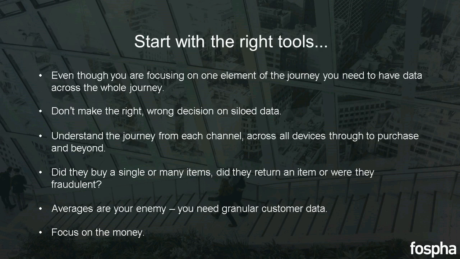Often someone will have data on that individual form without observing the customer journey itself. So do you know what happens beyond the form in terms of did they buy, did they return an item, were they a multi-purchaser, was it a fraudulent purchase? You need to understand the whole customer journey data to answer that. You need to get past averages as well. Just think of averages as your complete enemy.